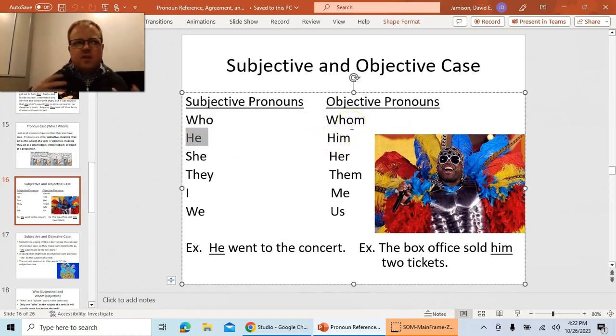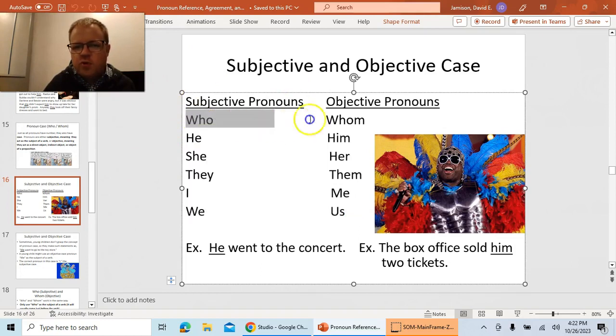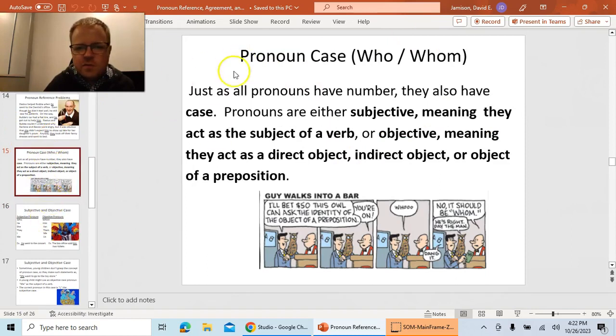He gave the ball to him. Subjective, I'll show you what it means here in a second, but all of these are really obvious. The hard one is this one up here, who and whom, because you probably haven't used the word whom very often. I'll just go over this and then we'll look at those.